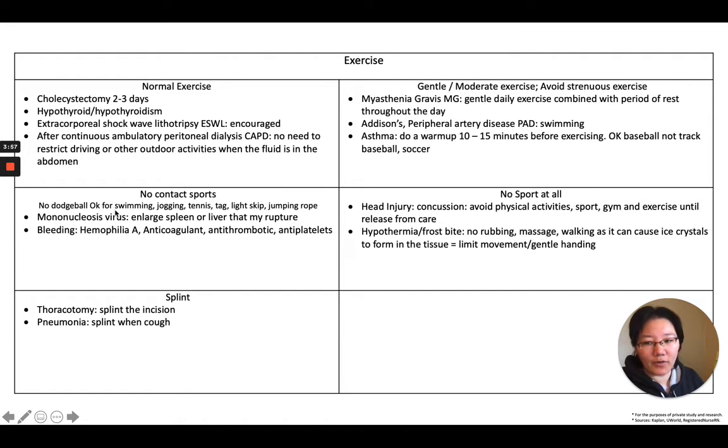Here are the following activities, which one they can do. So you can tick over that and then cross this one out. That's why I put the activity examples on the list here. And then here are no sports at all. So it's not similar to bed rest, but it means no really physical activities. And then splint.